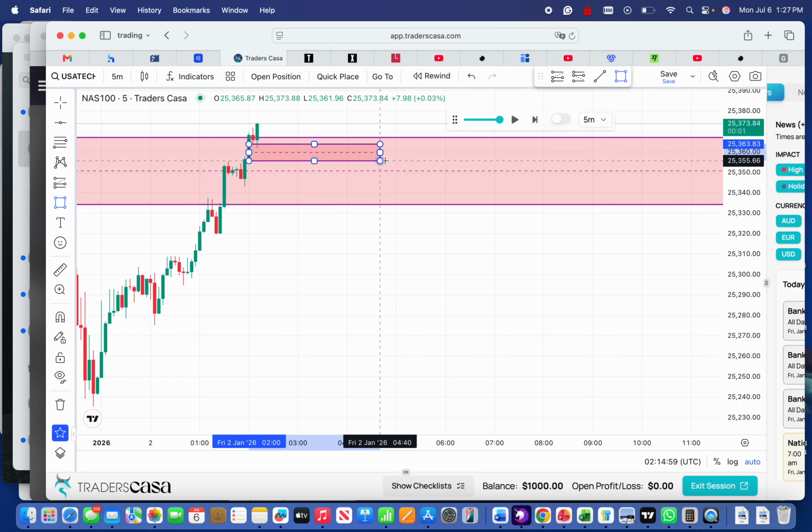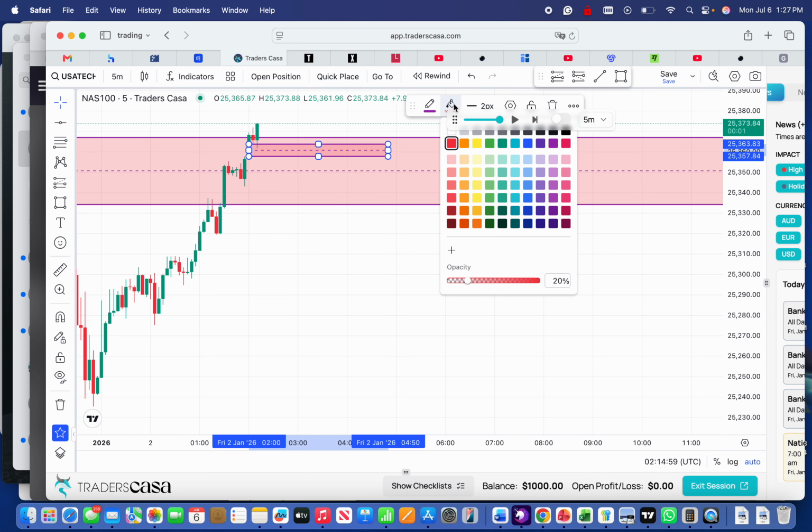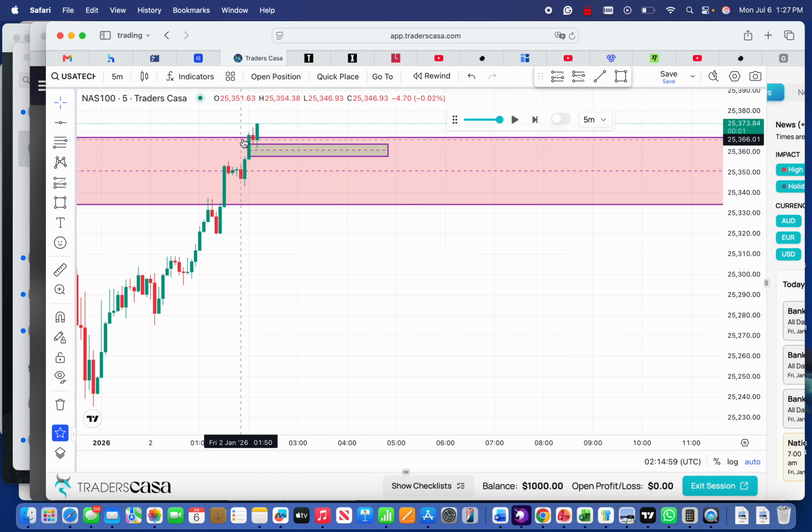So we have another fair value gap right here, but this time it's bullish, it's green, it's going up, right? And it already closed above this bearish gap. So if it closes below a bullish gap, then that's an inverse fair value gap. If it closed above a bearish gap, then that's an inverse bullish gap.